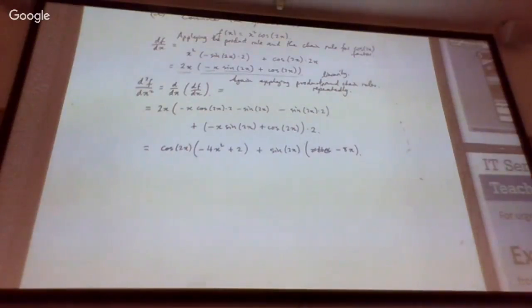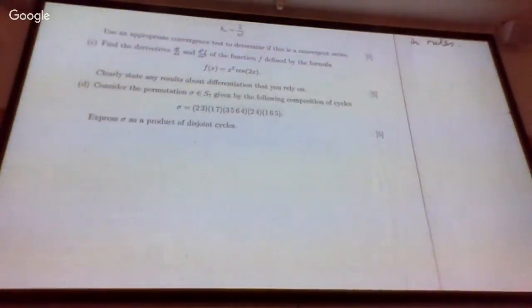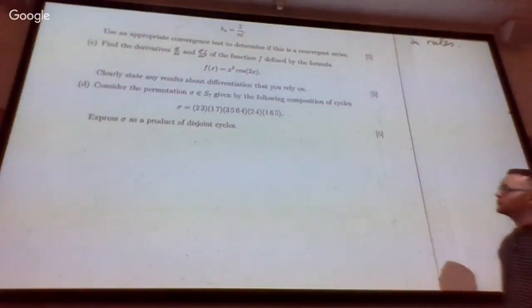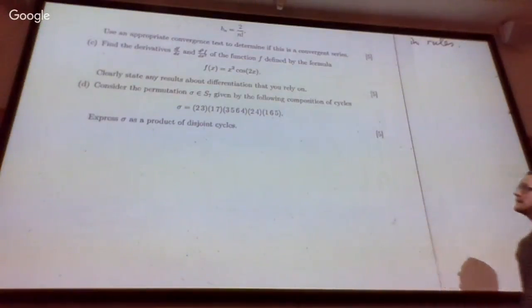Okay. So the final part of question 1, part D, is going back to something we did only last week. Here you're given a permutation. The permutation is a bijective function.